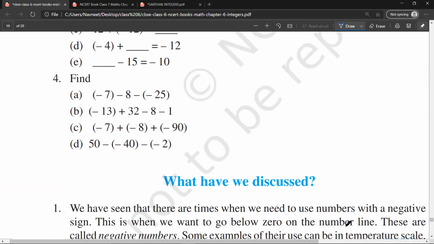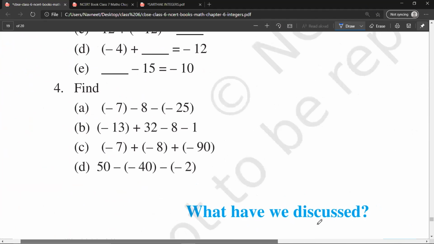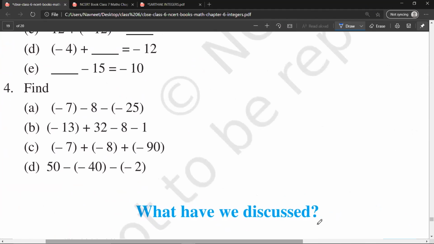Usually students get very confused about this. So let us do this.